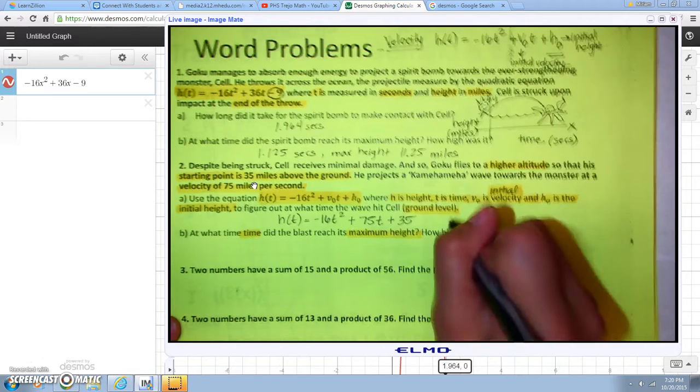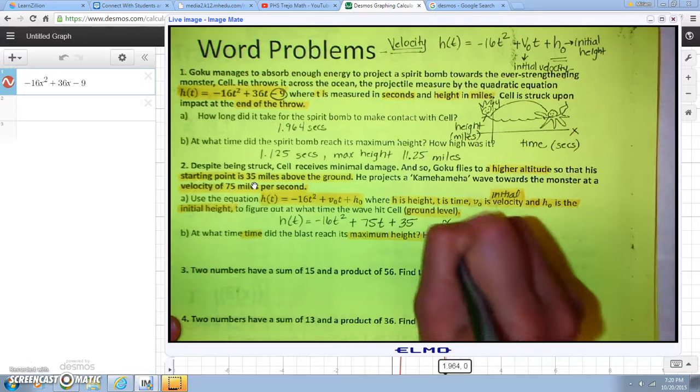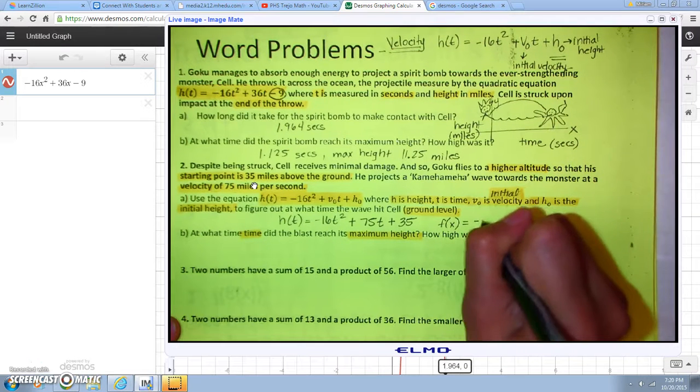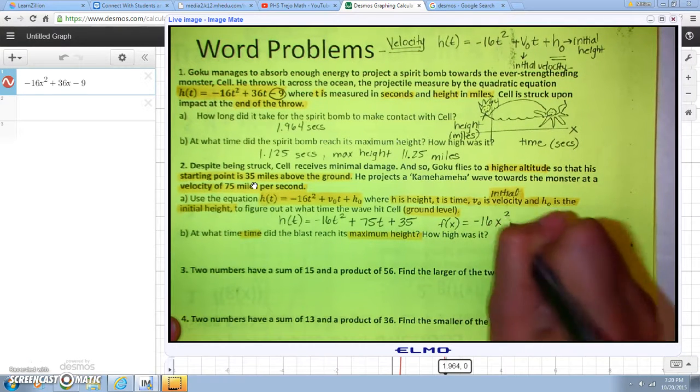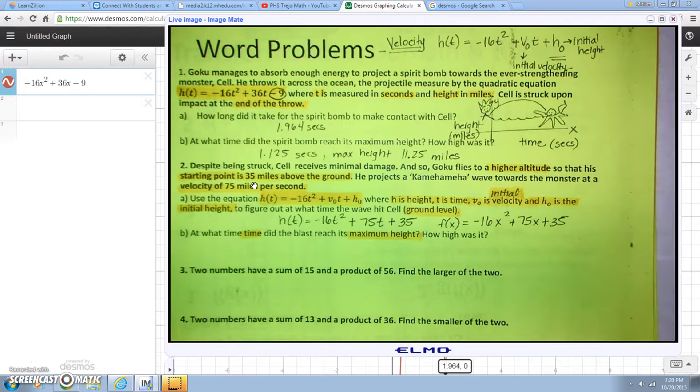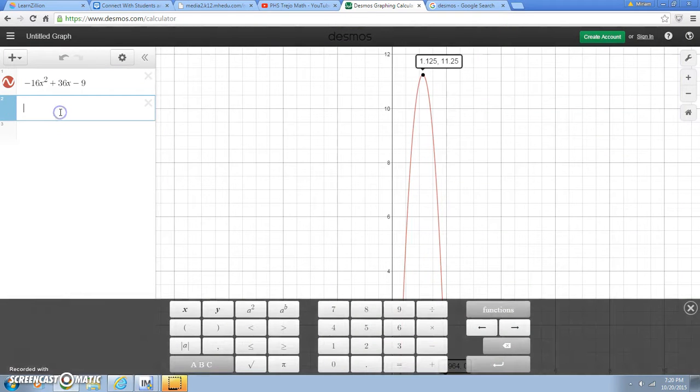Okay, so in order to graph this, just to let you know, we're going to change it back to f of x. So it's going to say f of x is actually equal to -16x squared plus 75x plus 35. Okay, we're going to graph that function here. -16x squared plus 75x plus 35.